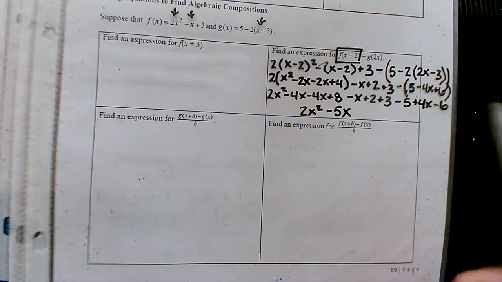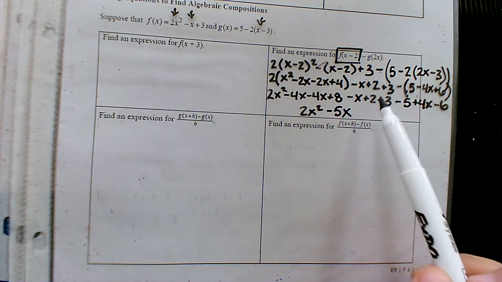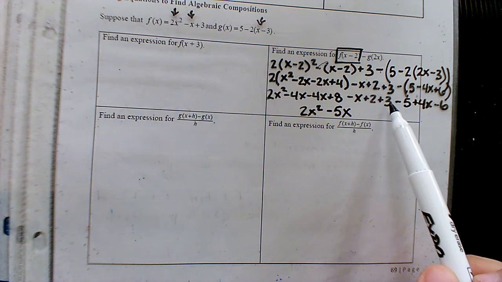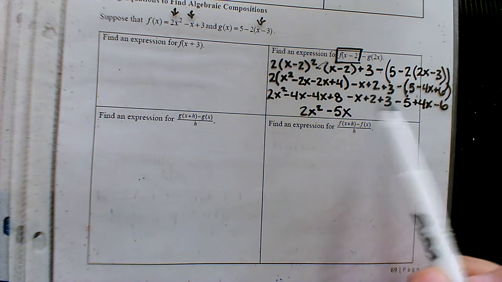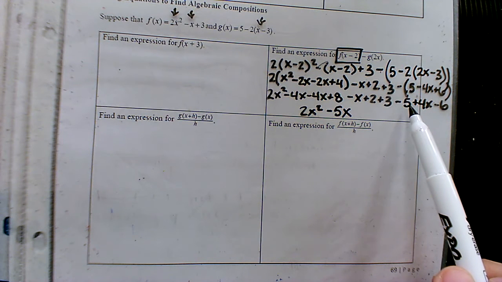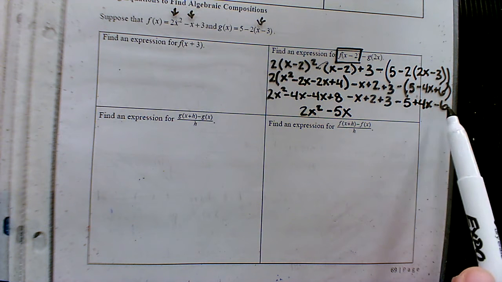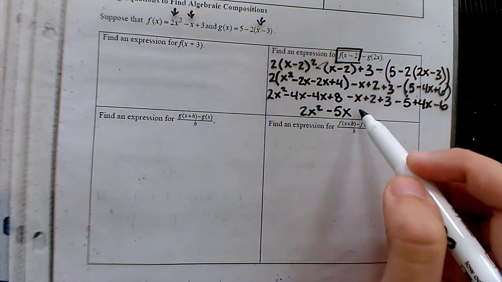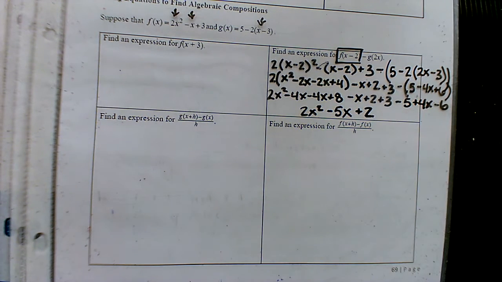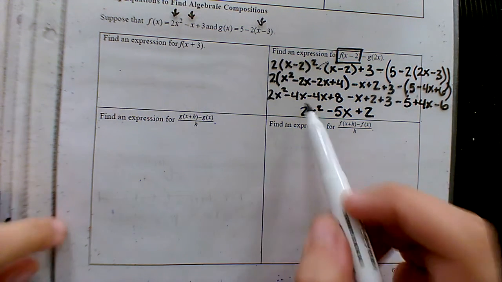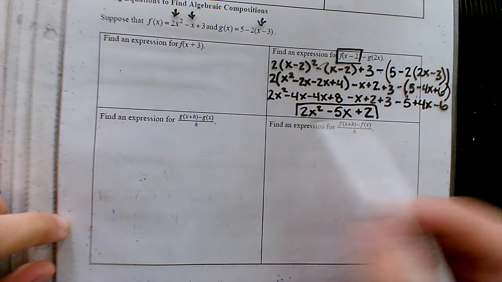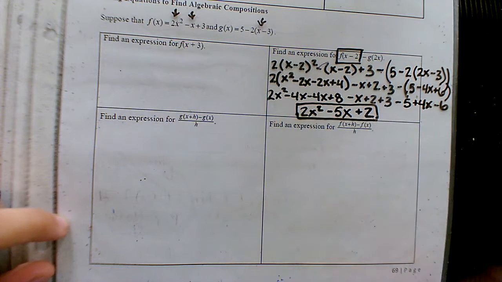And then taking a look at the numbers, we have an 8, a 2, a 3. All right, so we're up to 13, minus 5, down to 8, and then minus 6, we're at 2. Okay, so after everything's combined, notice how it is a little simpler with what we have left.